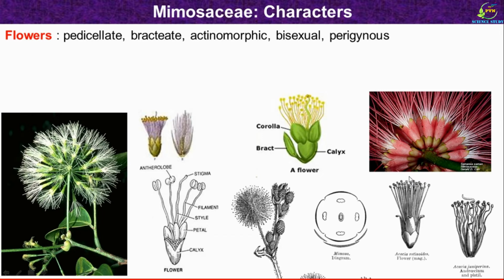When we cut the flower into two equal halves, we can cut it in many planes, and so the symmetry is known as actinomorphic symmetry. The flower contains both the sex organs, that is androecium and gynoecium, so the flower is considered as bisexual. The flower may be perigynous or hypogynous.